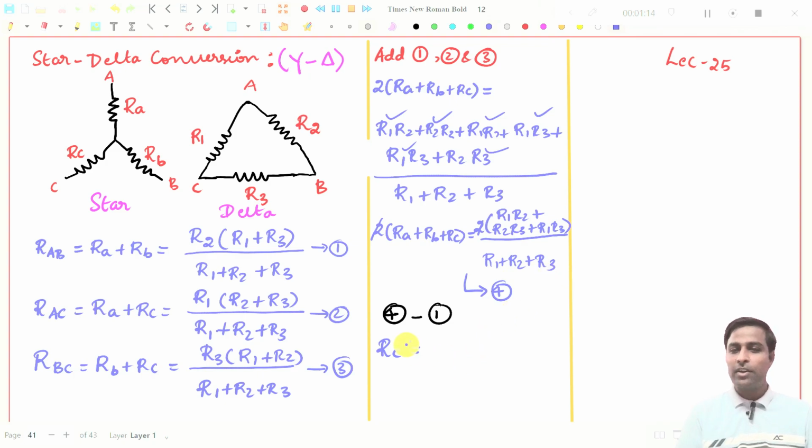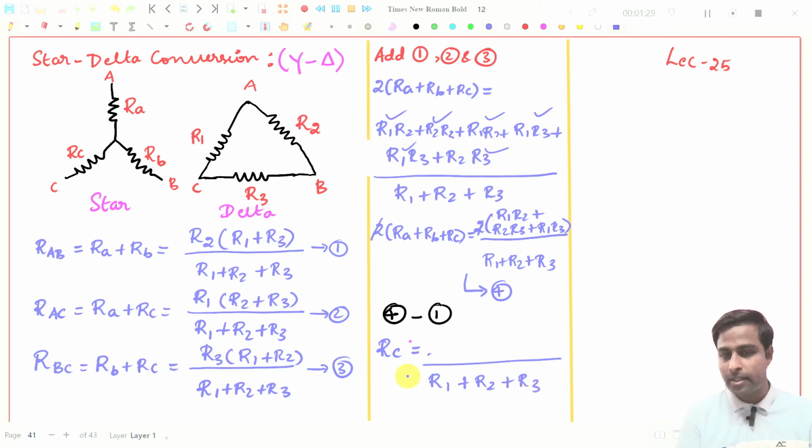If both the denominators are the same, you can directly write a single denominator R1 plus R2 plus R3, and you have to subtract the numerator terms.